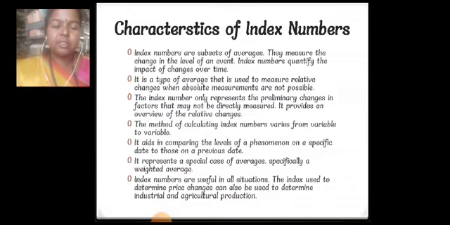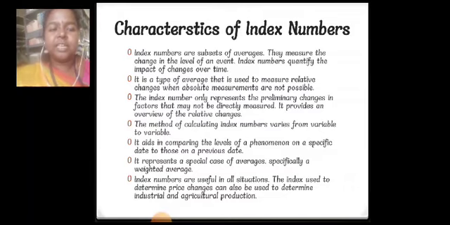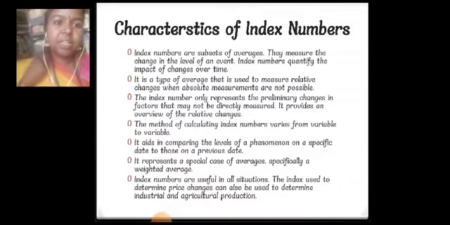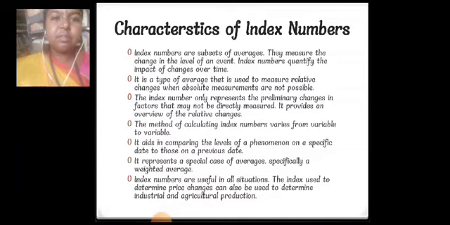Next, it only represents preliminary changes in factors that may not be directly measured, and index numbers vary from variable to variable. It also helps compare the levels of a phenomenon on a specific date to those on a previous date, and it represents a special case of averages, specifically a weighted average.